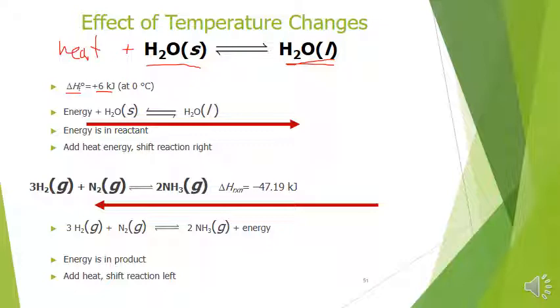Now if you add heat or energy, the reaction will move to the right. You make more water. Now if you were to take away heat, you cool down the water and you make ice. That makes sense, right?